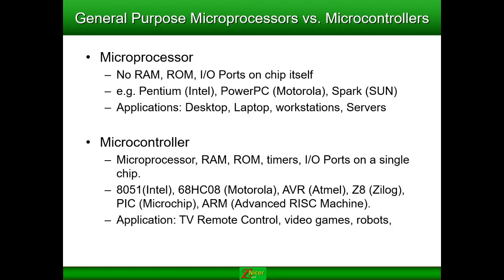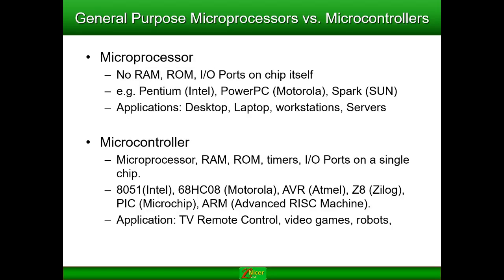It is just a single chip which is attached to our motherboard, and then our motherboard has all the buses and all the connections to ROM, RAM, and our input-output ports, which then are connected to our processor. Examples of microprocessors are the Pentium series of Intel, PowerPC of Motorola, and Spark of Sun. Applications are desktops, laptops, workstations, servers.